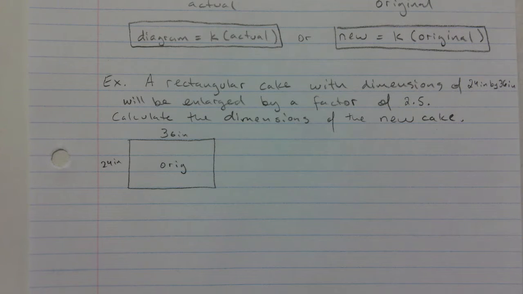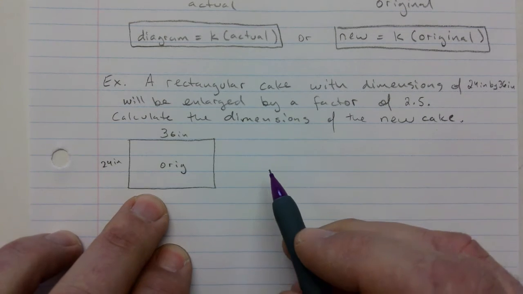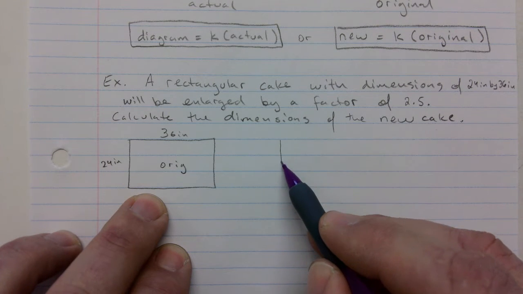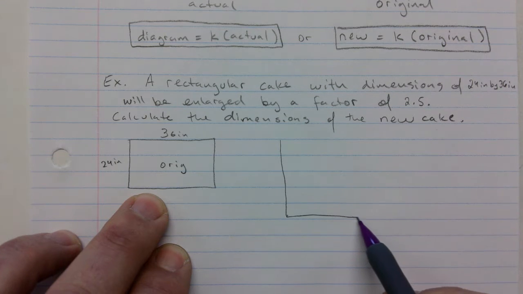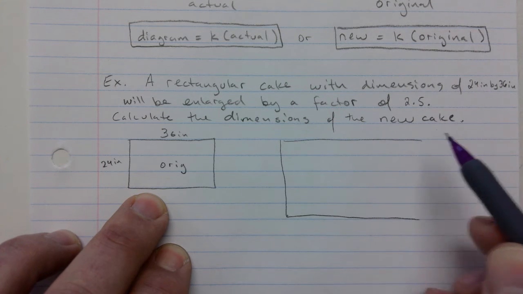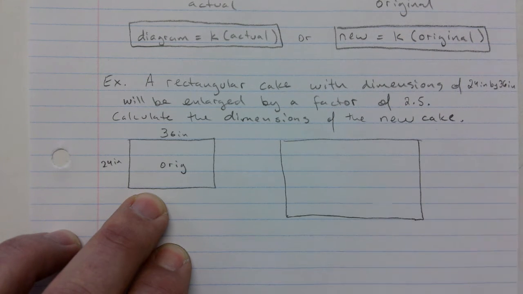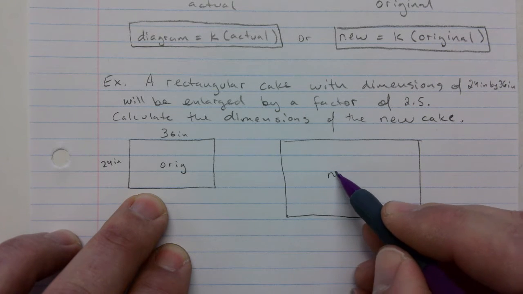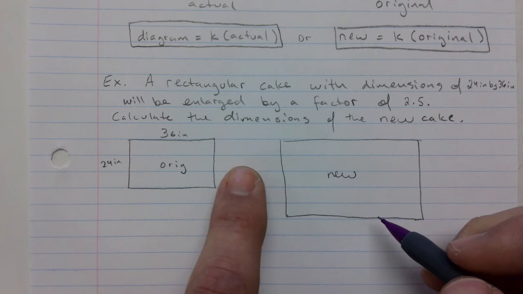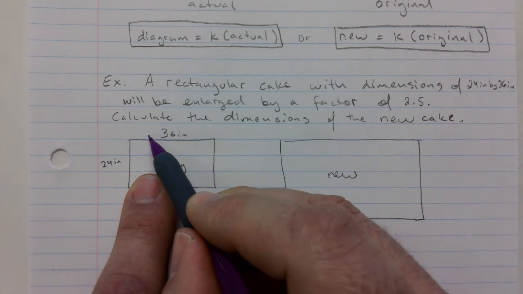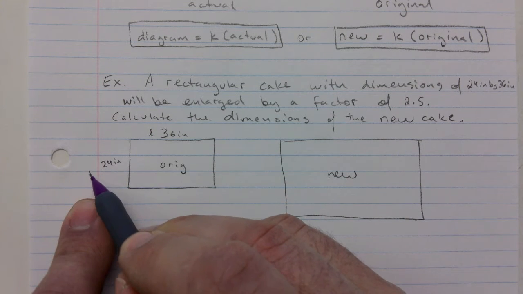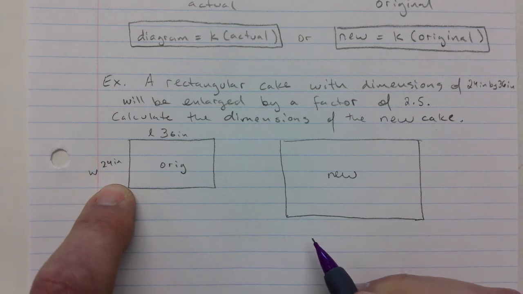It's not a picture of the cake or diagram of the cake and the actual cake. Like, it's not that scenario. So I'd rather use new and original. So the new one will obviously be bigger. So we're not going to draw it to scale, although we could. And so this is the new one. So this would be your length technically, and this would be your width, right?